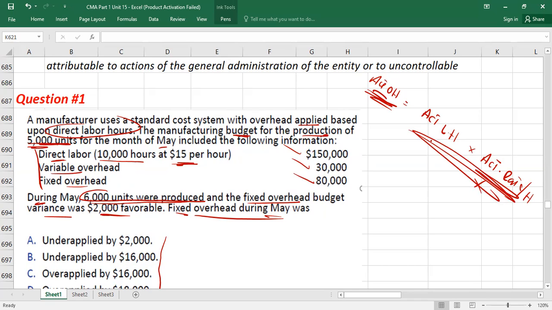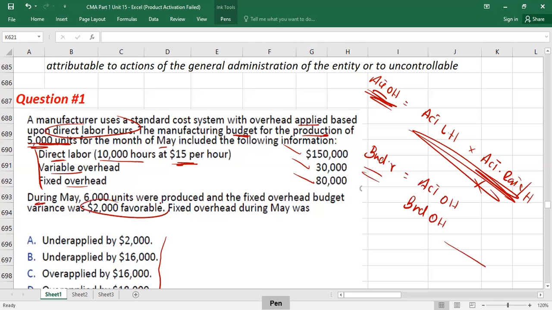But he told you in the question, budget variance. You know how to find budget variance? Budget variance, meaning spending variance or expenditure variance, is the difference of actual overhead cost and budgeted overhead cost, and I'm talking about fixed overhead. Budget variance is given. How much? 2,000 favorable.